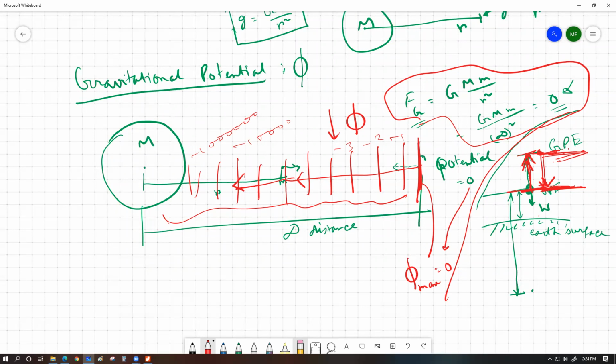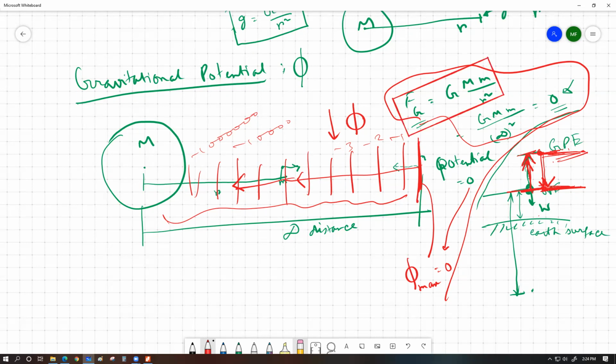by definition, the maximum gravitational potential is available at the farthest point from the object. By formula, the force of gravitational attraction at infinite distance is going to be 0. So the gravitational potential, where it can be maximum at infinite distance, will also be 0. Hear me out on this once again.